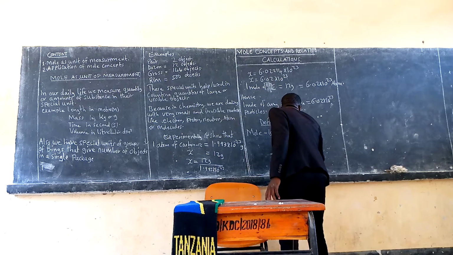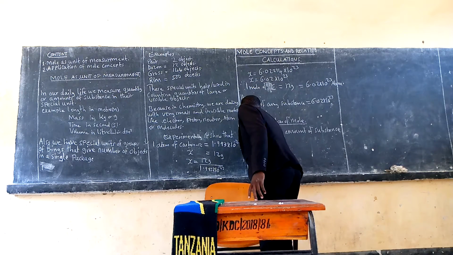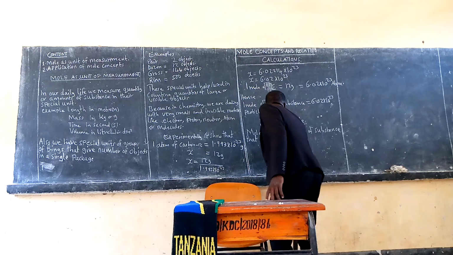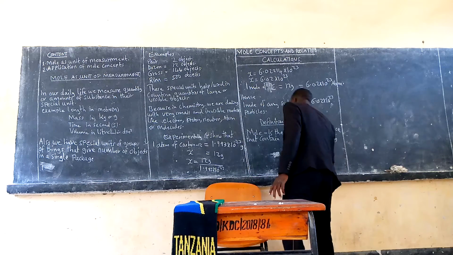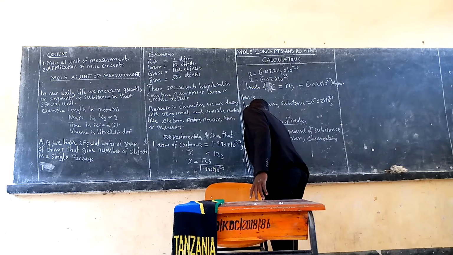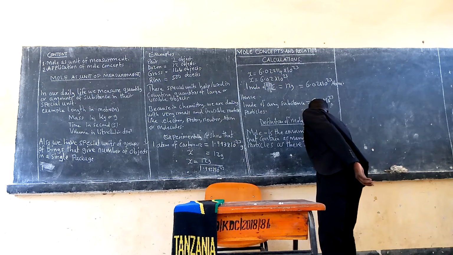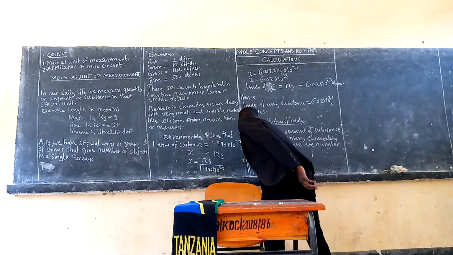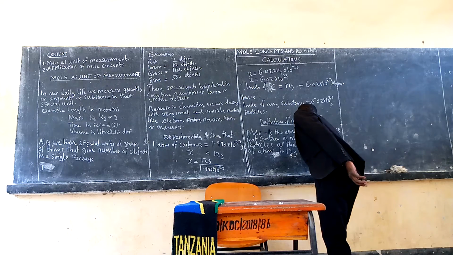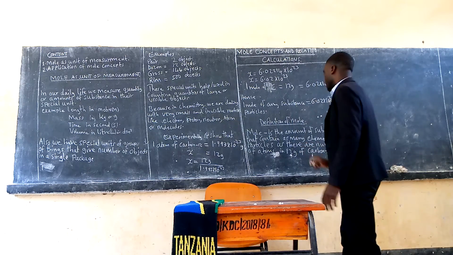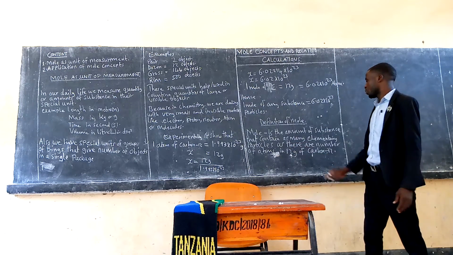A mole is the amount of a substance that contains as many elemental particles as there are atoms in 12 grams of carbon-12.